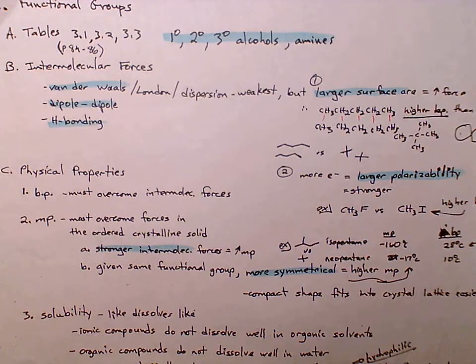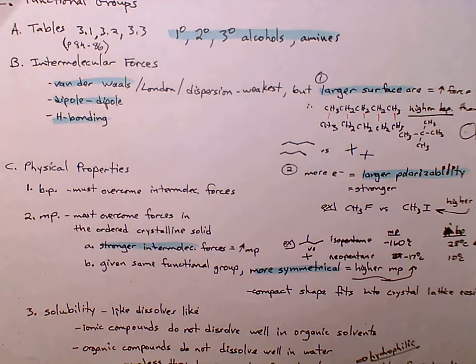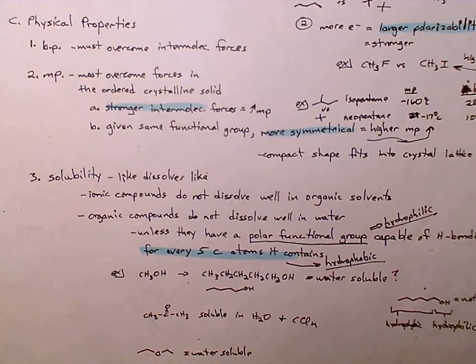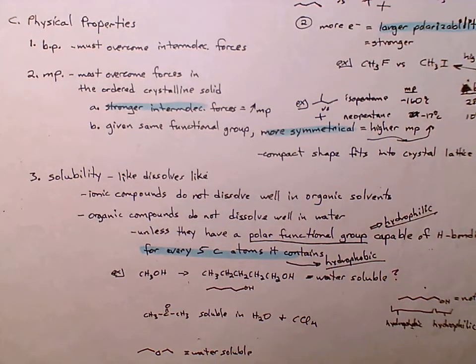Okay, so let's look at these physical properties here. The first thing we mentioned is boiling point. Recall, in order to have a liquid boil, the molecules will be very close to each other in the liquid, kind of rolling around on each other. The intermolecular forces are still there, attracting those two molecules so much that they are in contact with each other.